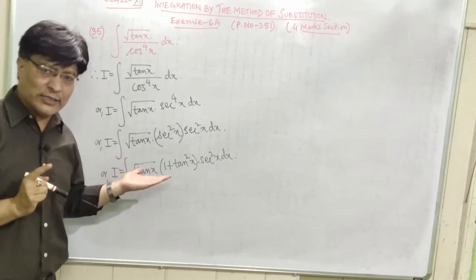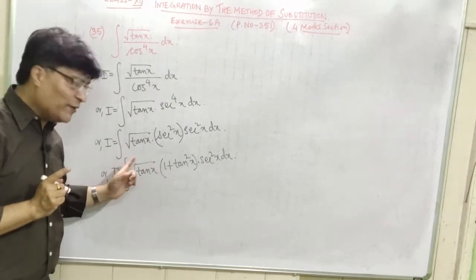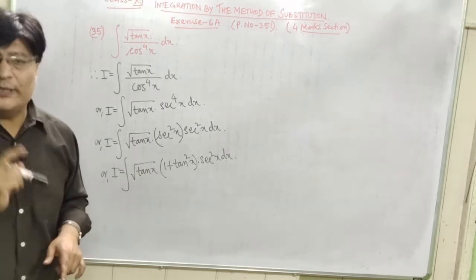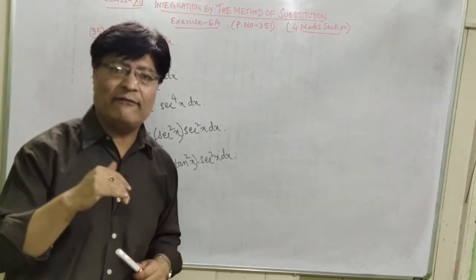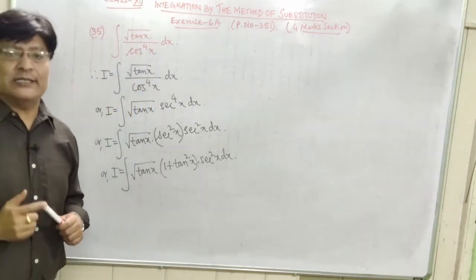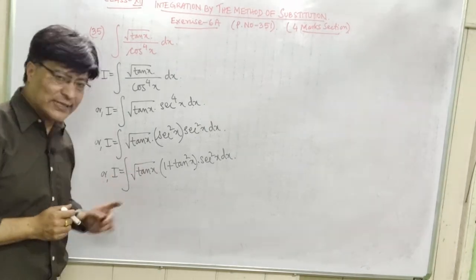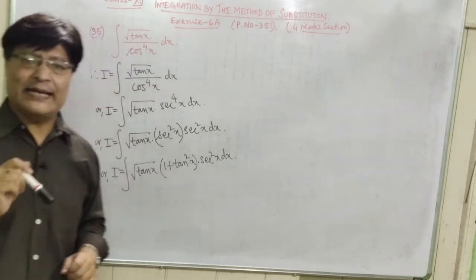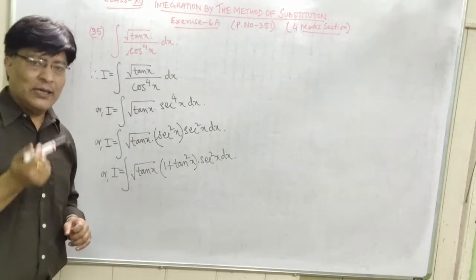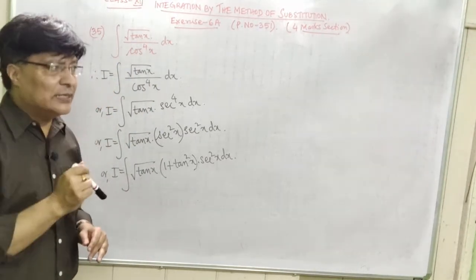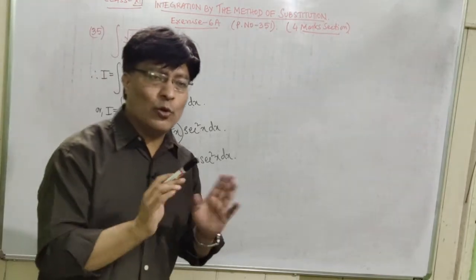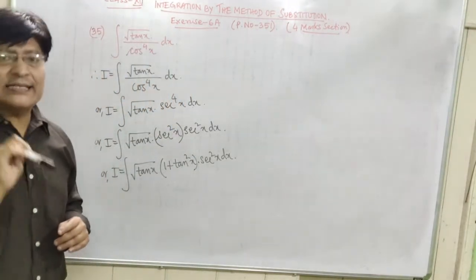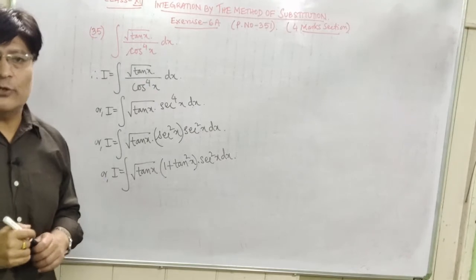But if it happened to be in the denominator, then we could have assumed tan x as z square. But since this square root is in the numerator, no need of putting tan x as z square. Just put tan x is equal to z.